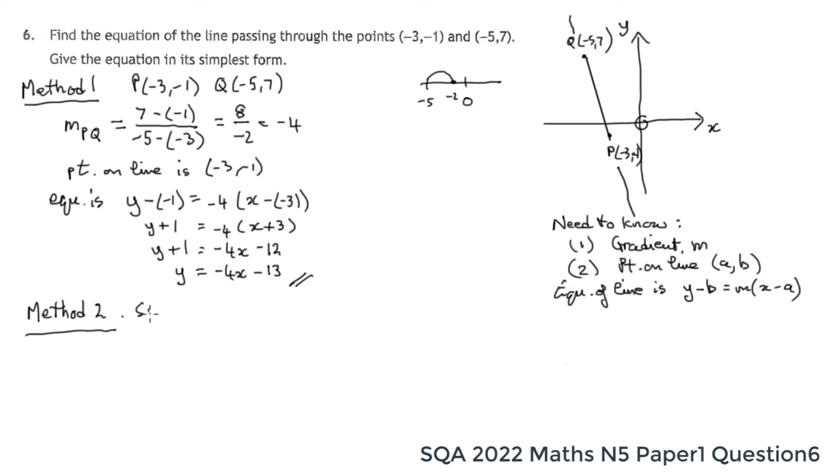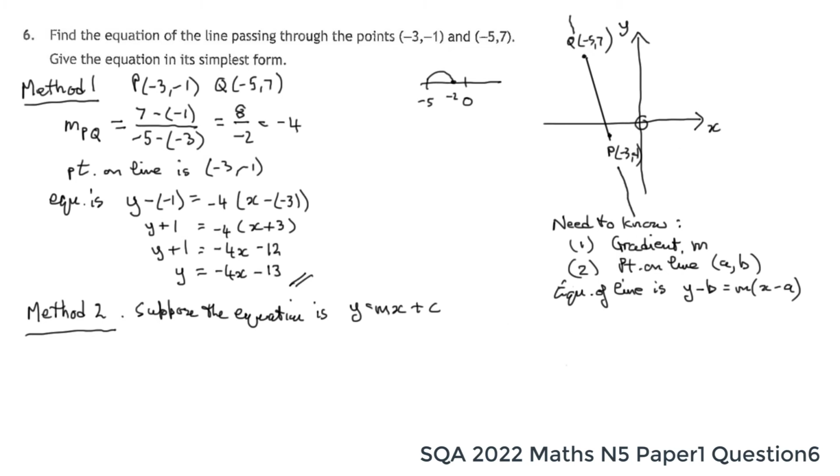So in method 2, we'll suppose the equation is y equals mx plus c. Now, the gradient, we can certainly work it out just like that, and it's negative 4. I won't do the same calculation again, but the gradient's negative 4.